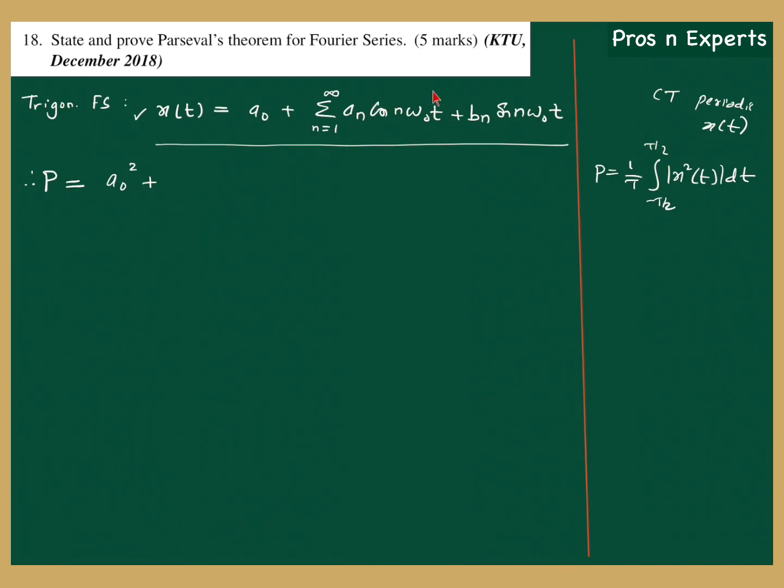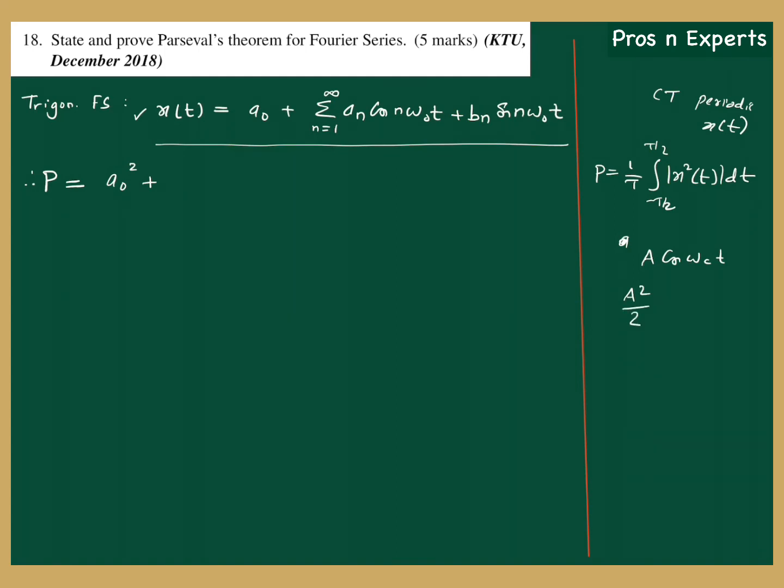So this square means what is the power of this term? Here we have a cosine signal, and here we have a sine signal. We have already seen that the power of a signal like a cos omega t is equal to a square by 2.